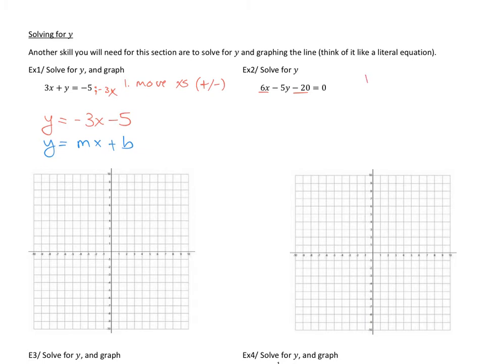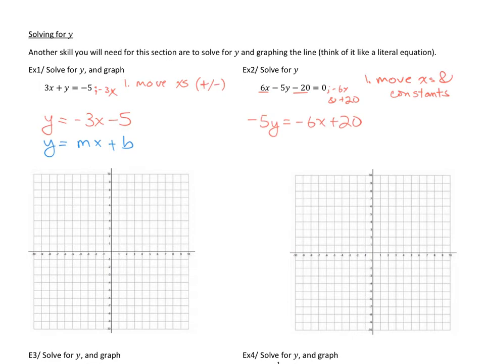So you may have to modify step 1 to say move x's and constants. And again, this will be done by addition and subtraction. So this will end up being subtract 6x and add 20 to both sides.